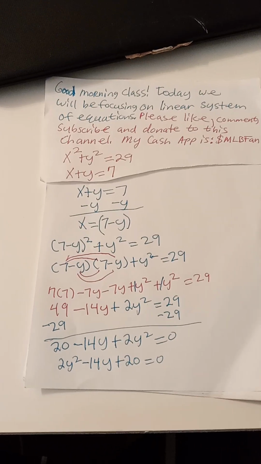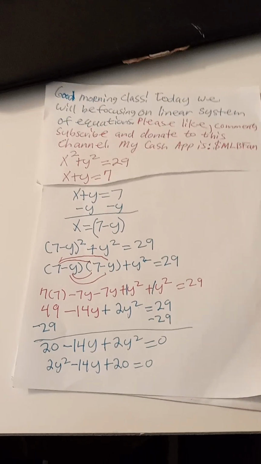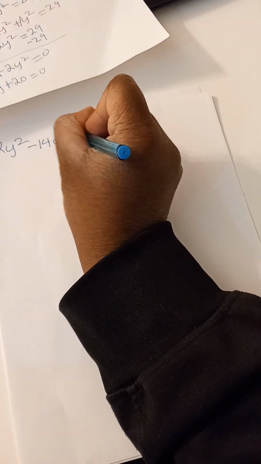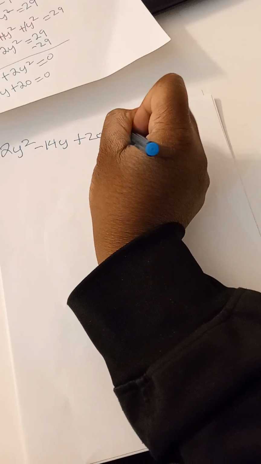Let's let this marinate for a second here. And now let's continue. So 2y squared minus 14y plus 20 is equal to 0.